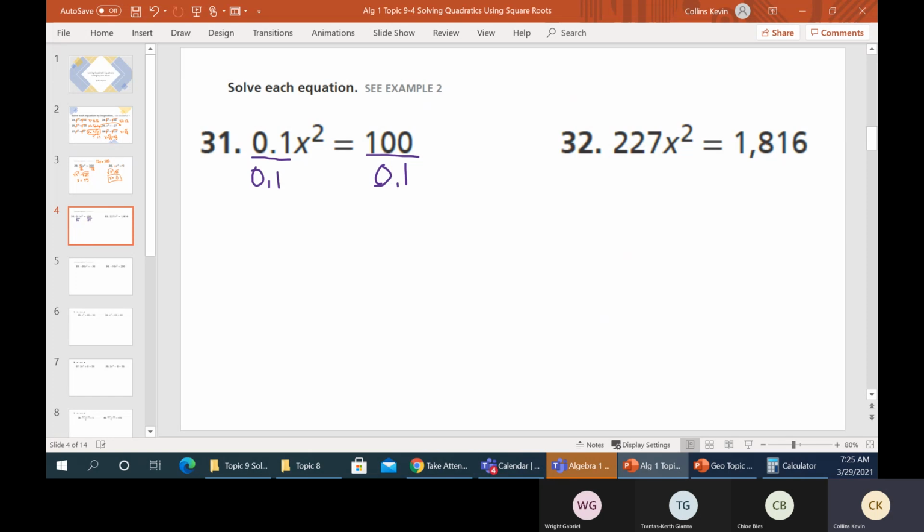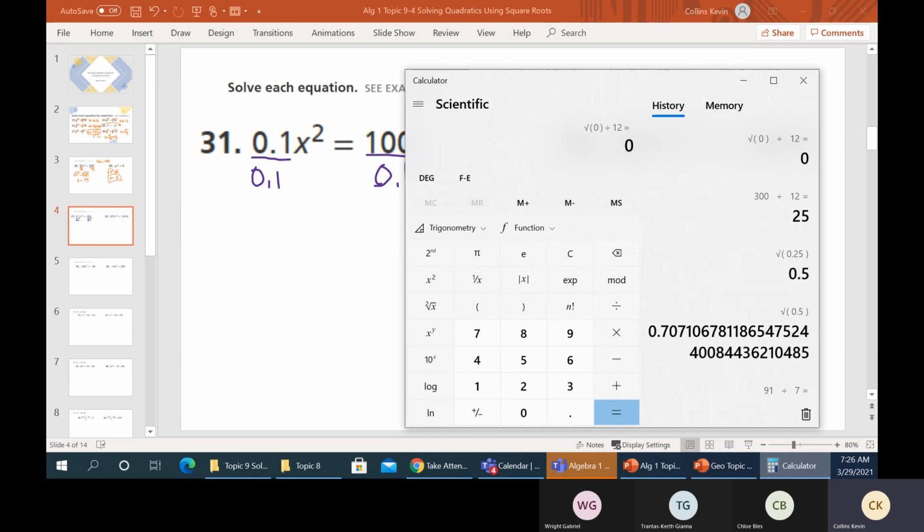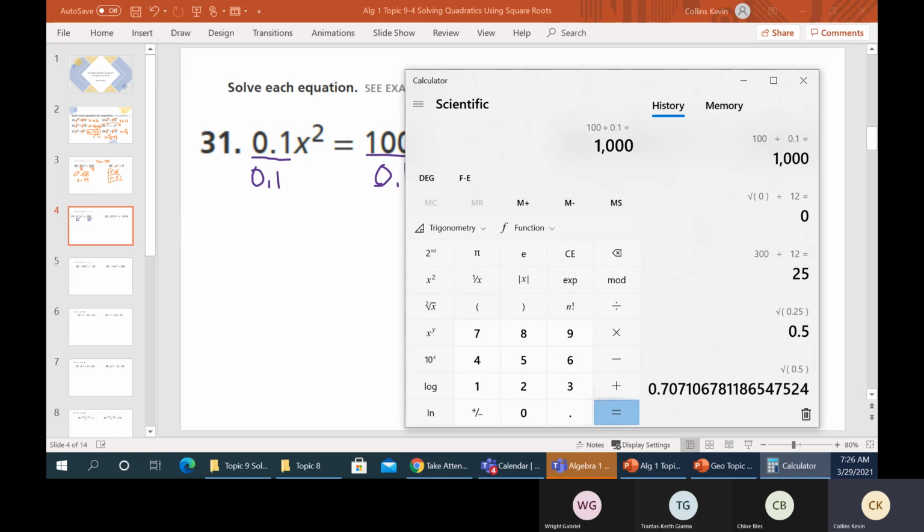Now here's the thing. When you divide by a number smaller than 1, you get a number bigger than you started with. So let's check that out. We've got 100, and we're going to divide it by 0.1, and we get 1,000.